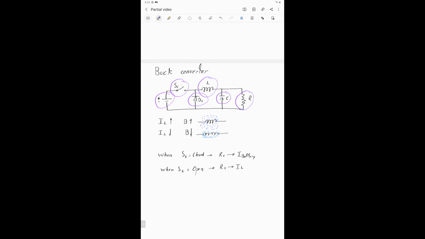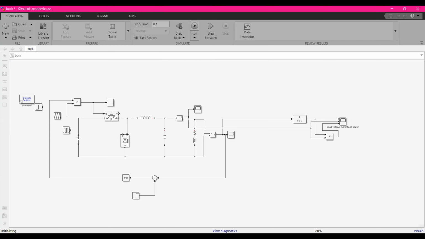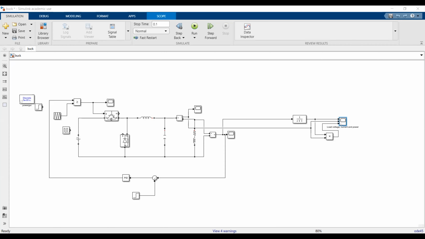Now we're going to show the simulation of the boost converter here. So we run it, and we're going to see the current.